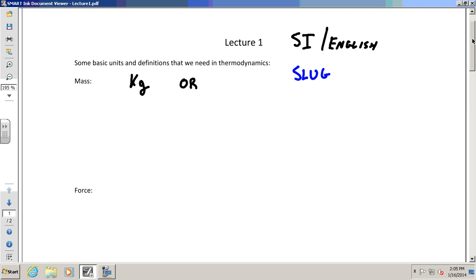You probably have seen slugs a little bit in other classes. You definitely will see it in dynamics in certain places. It's out there. But in thermodynamics, we use the term pound mass, called lbm, a lot.